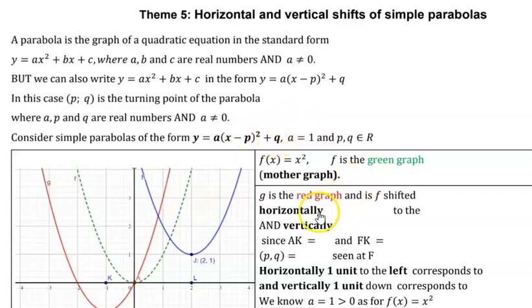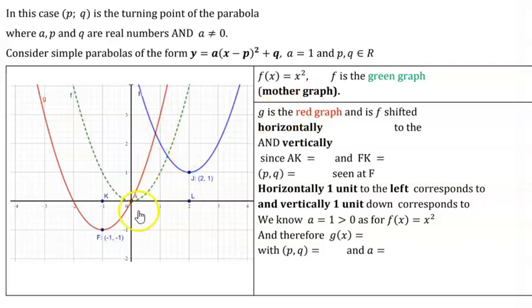First of all, the broken line here is again our mother graph, and if you look at the red graph, which is g, and I compare it to the mother graph, the green graph, I see from A to K is 1 unit, so horizontally we've shifted it 1 unit to the left, and vertically from K to F we've shifted it 1 unit down.